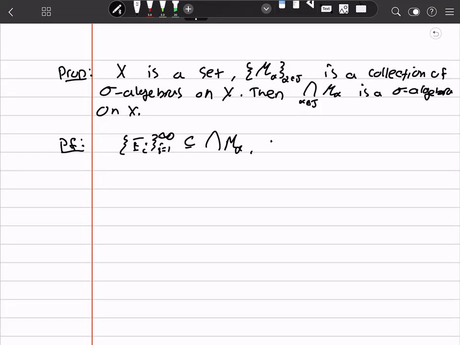Then we know that E sub i is in M sub alpha for every alpha in J, because J is our indexing set, and for all i in N. So each one of our subsets, E sub i, is in each M sub alpha, for every alpha and every i.